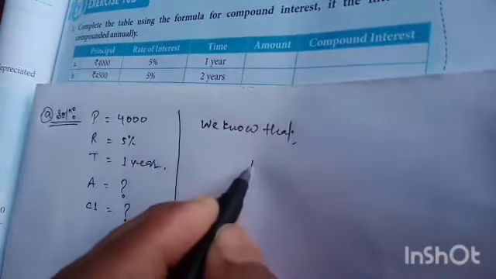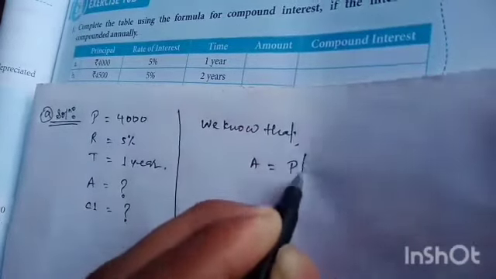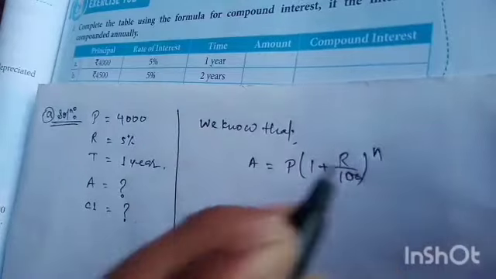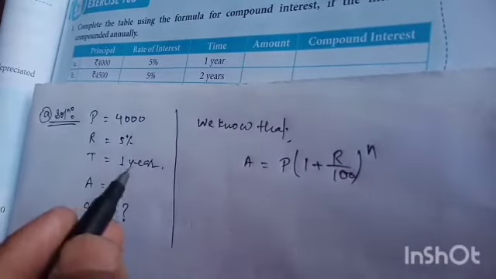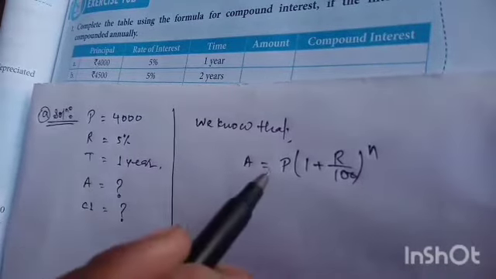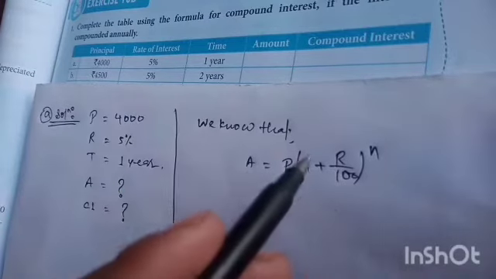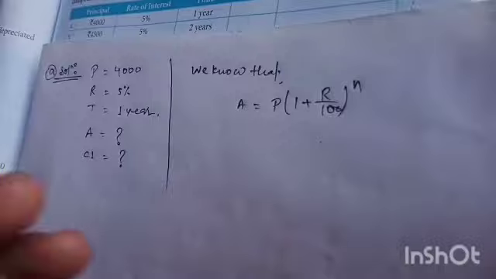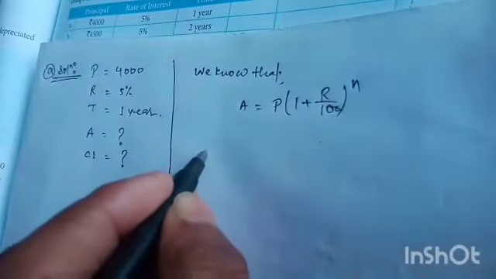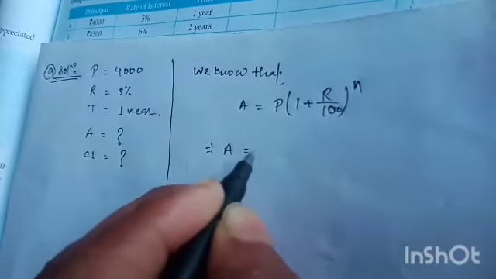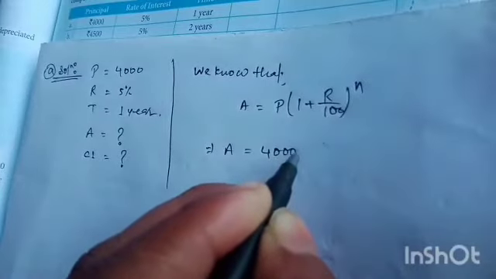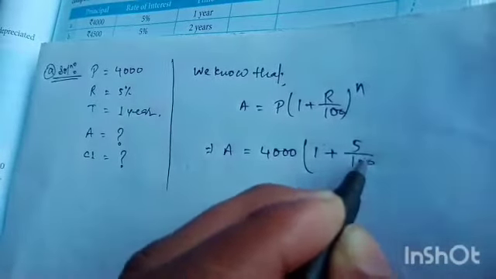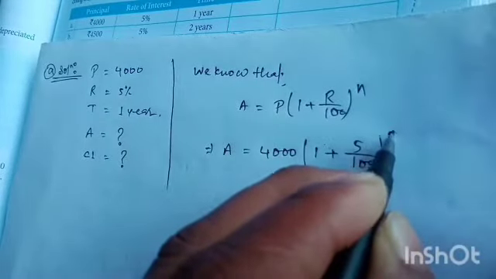Okay, so right now we know that amount is equal to how much? P into 1 plus R by 100 to the power n. n means what? Number of years, means time, is it? So P means how much is given? 4,000 rupees is given, then R is given how much? 5%, right? So put the value. Okay, then do the sum. So implies amount is equal to 4,000 into 1 plus 5 by 100 to the power 1, right?